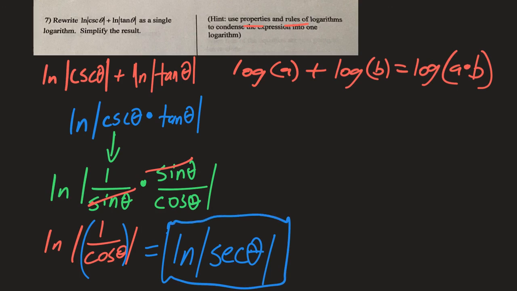Okay. What did we actually do here? We took cosecant and tangent and we made everything into sines and cosines. And what did that actually accomplish for us? By making everything into sines and cosines, we were able to find something that canceled out. And then we got an answer that could be simplified into something smaller using a reciprocal identity.